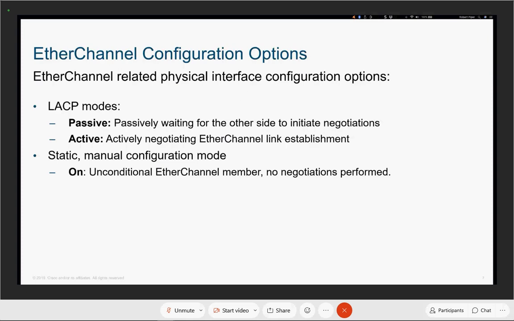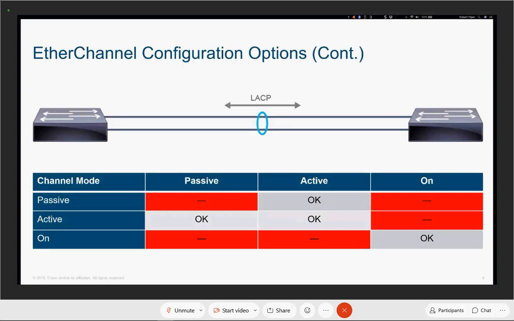You can also put it in passive mode, where it's passively waiting for the other side to initiate the negotiation of an EtherChannel, or active, where it's actively asking if the other side will participate in an EtherChannel. So LACP creates that EtherChannel by detecting the configuration of each side and making sure that it's compatible so that it can establish an EtherChannel link. So this table shows the various settings for LACP.